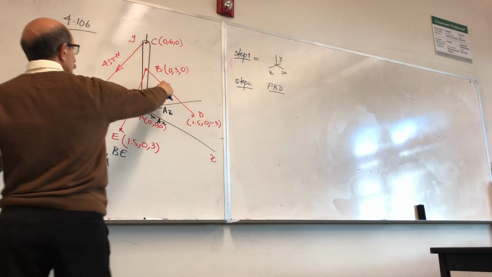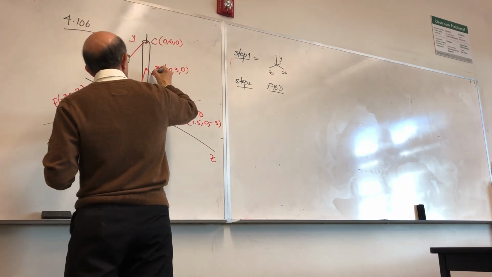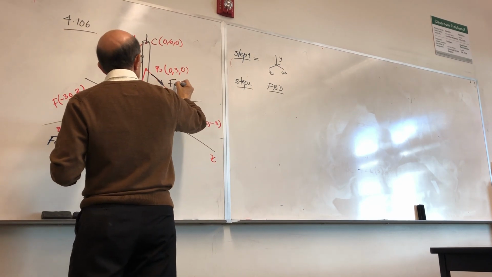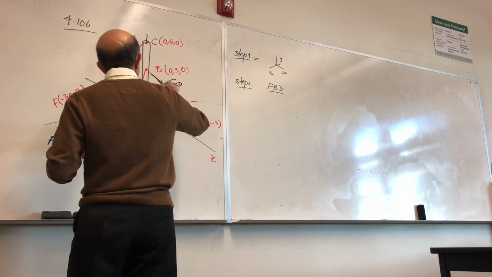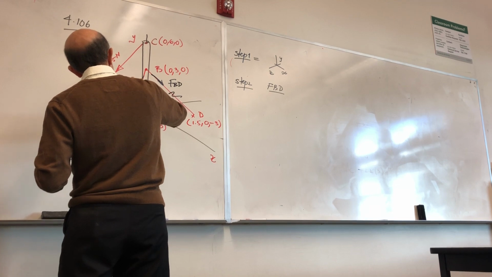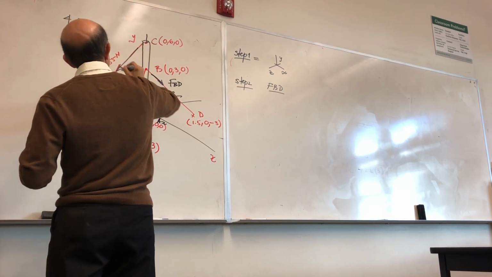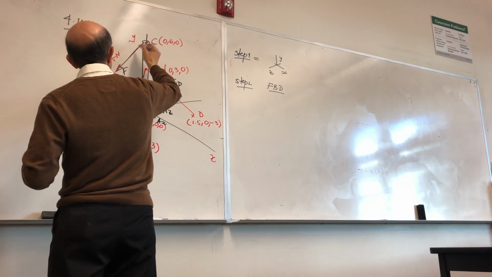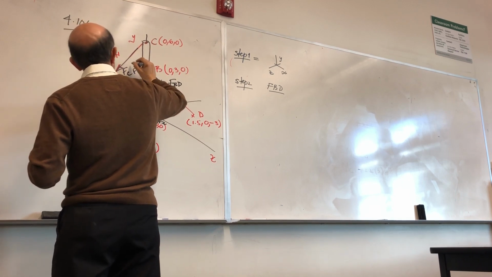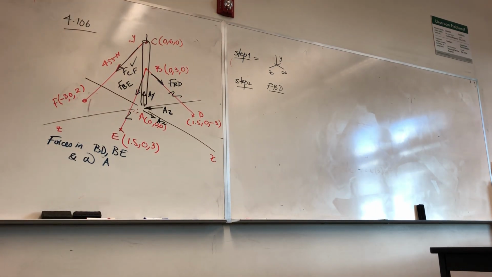If I cut these two cables, they represent a force BD and a force BE. And obviously there's the force CF, which is given. So you have 5 unknowns, and you want to find all 5.